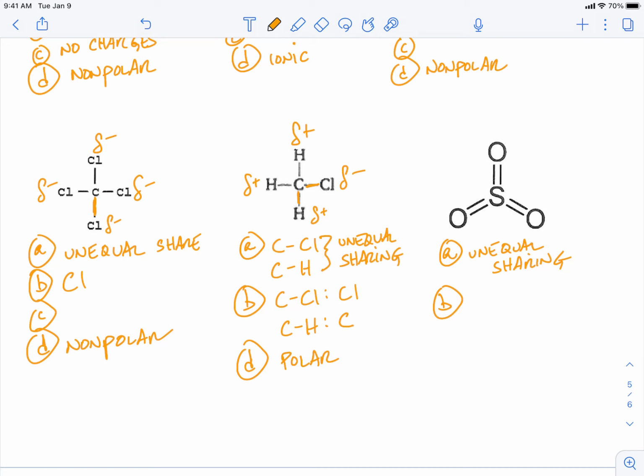So oxygen is more electronegative. That means we're going to put partial negatives on the oxygens. And in terms of the polarity, all around the outside, it's all negative. You might be able to see the three lines of symmetry. We have lines of symmetry this way, and this way. But the main idea is that all of these around are negative, so there's no poles. Therefore, this is non-polar.